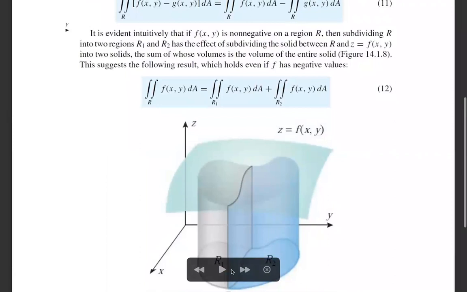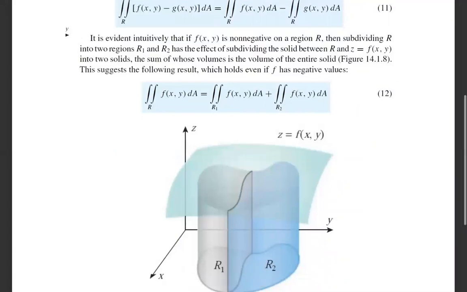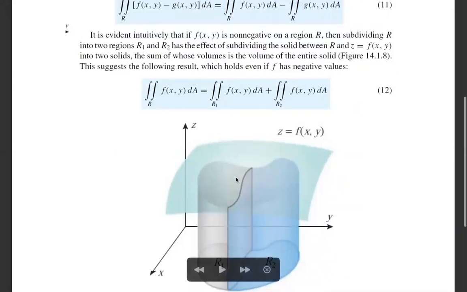R is a non-rectangular region. The double integral over R of f(x, y) dA is the volume of this solid bounded below by this region R and above by the function f(x, y). So the volume over R is equal to the volume over R1 plus the volume over R2.